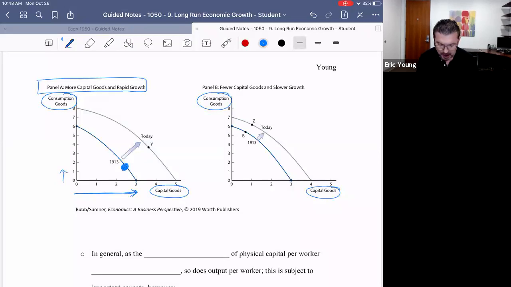You can say that this country, country A, is sacrificing consumption today in order to have more consumption in the future. They're thinking long term. On the other hand, let's do this in red. You take a look at panel B, country B, and they're operating here.